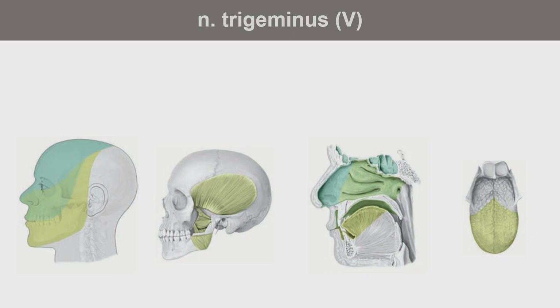Those are the territories of those three branches. What is innervated by which part? Here you can see V1, V2, and V3.